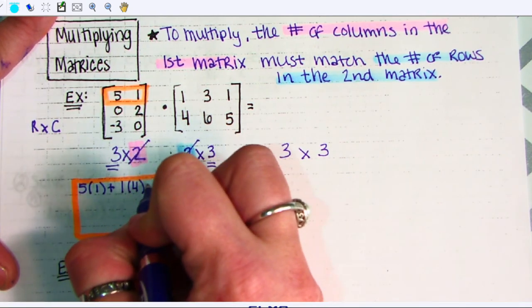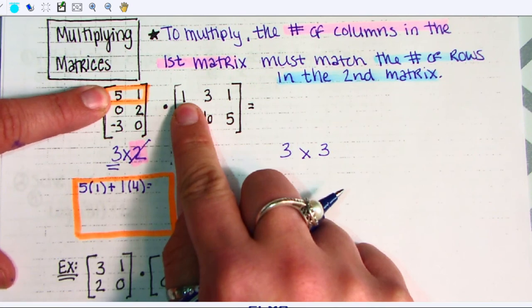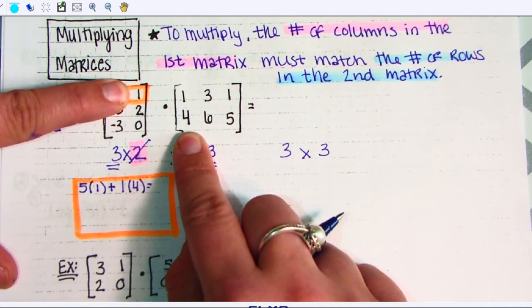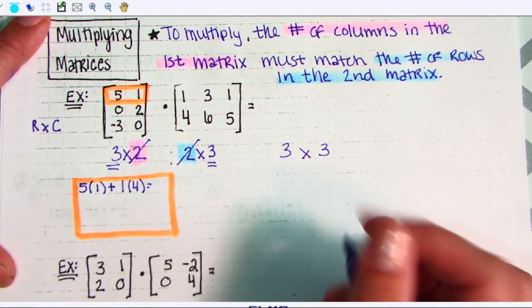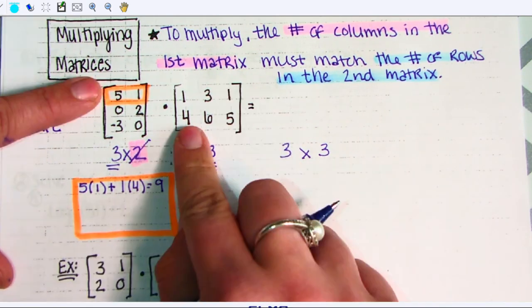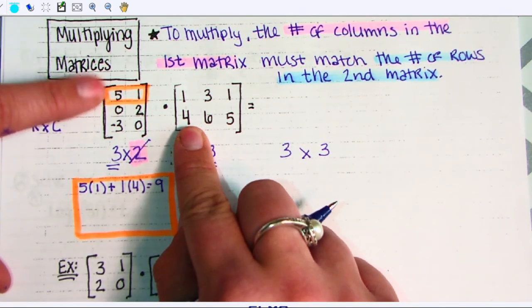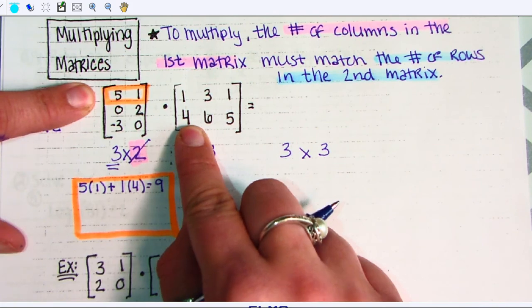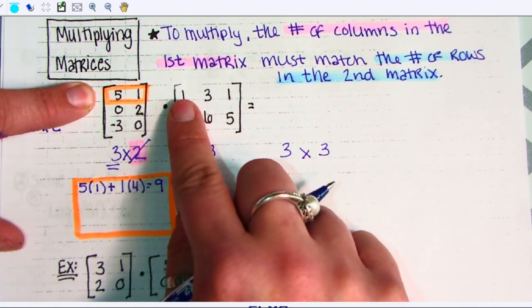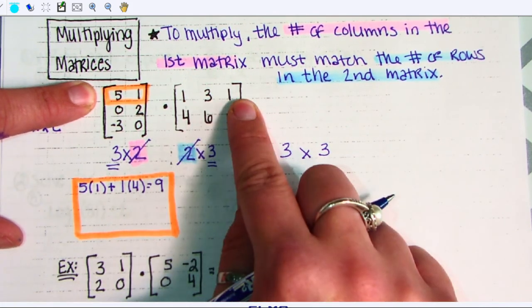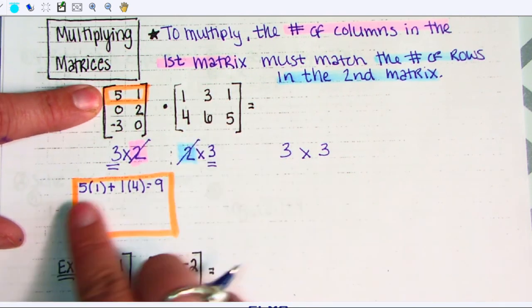So again, I do 5 times 1 plus 1 times 4. So 5 times 1 is 5, plus 4 is 9. Then I stick with row 1. I repeat the process until I have gone through all of my columns. So I've done column 1.